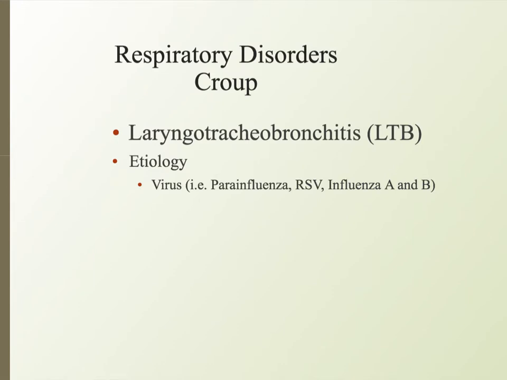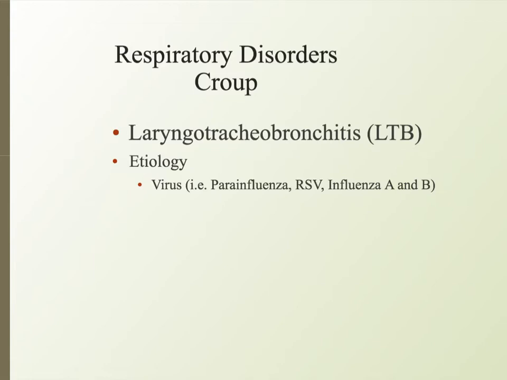Okay, so now we're going to talk about several different types of croup. Laryngotracheobronchitis is one form of croup. It affects children that are under the age of 5. What is the cause of laryngotracheobronchitis?